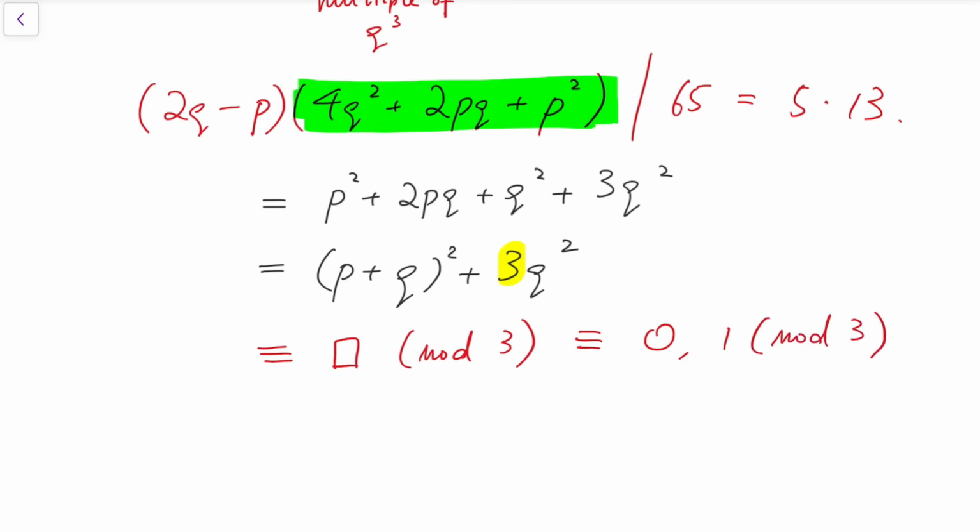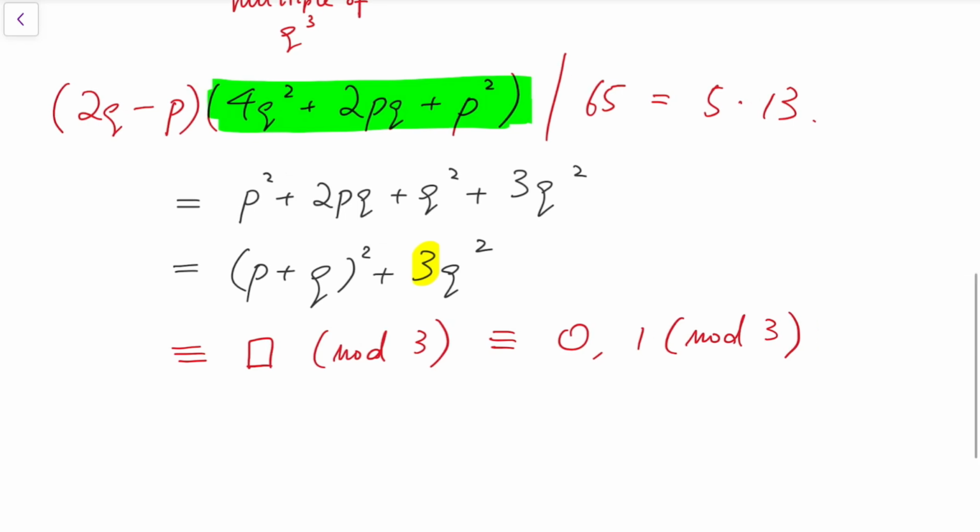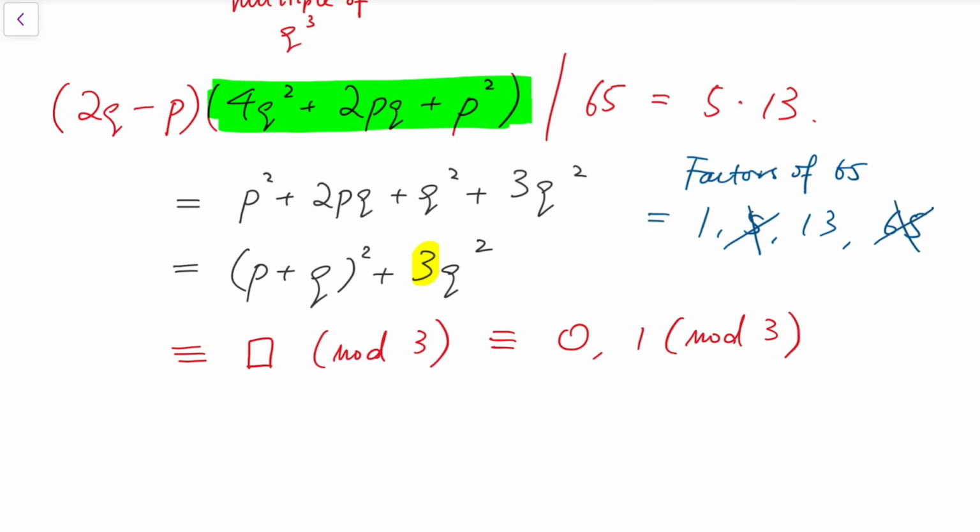So when we look at the factors of 65, which are 1, 5, 13, and 65, we can quickly eliminate 5 and 65 because they cannot be congruent to a square mod 3. So (p plus q) squared plus 3q squared cannot be 5 or 65.